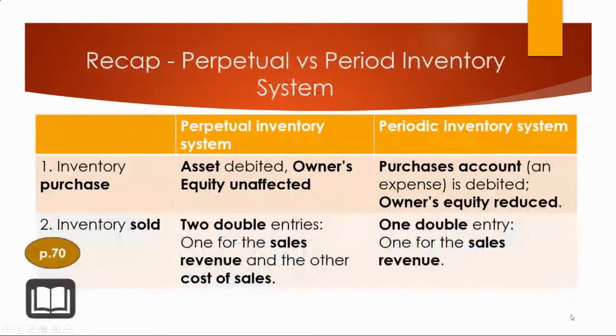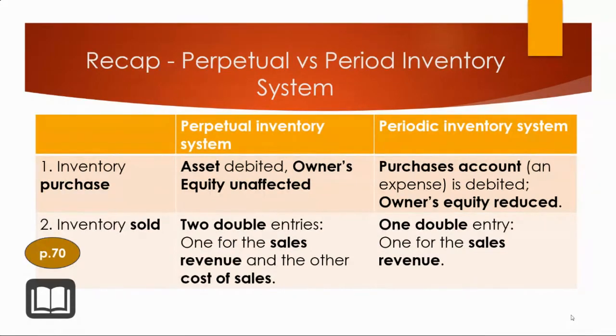in this learning unit. Now let's quickly recap the difference between your periodic and your perpetual inventory systems. When you purchase inventory under your perpetual inventory system, you would take the inventory you purchased to an asset account, the inventory account, and your owner's equity would remain unaffected.